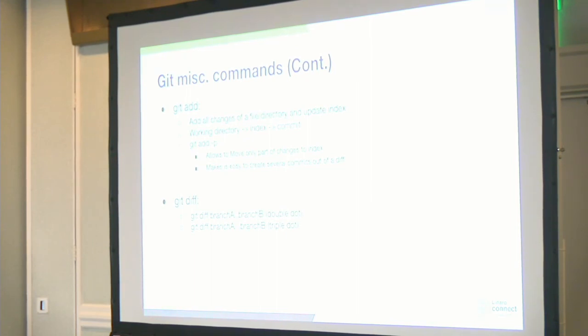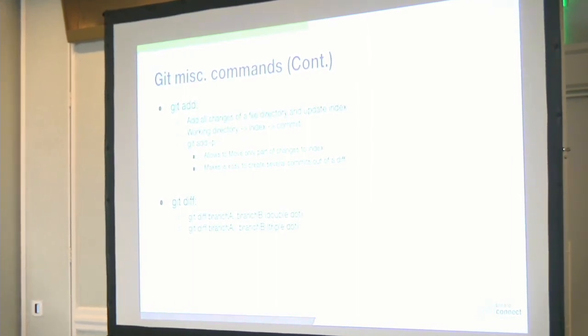So you will see the changes from both the branches, one in plus, one in minus. If you do a triple dot, it will find the first common commit between them. So if this was the B, it will go here, and it will show the difference between branch B and this common part. So we will not have the stuff from A in negative anymore. That is triple dot.